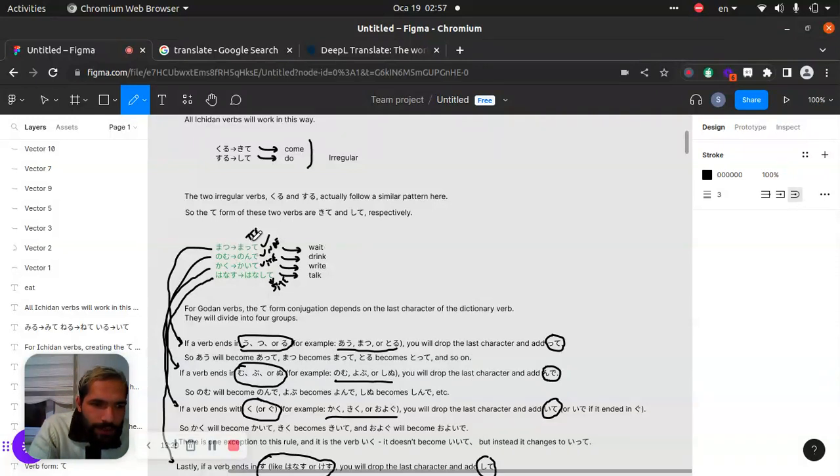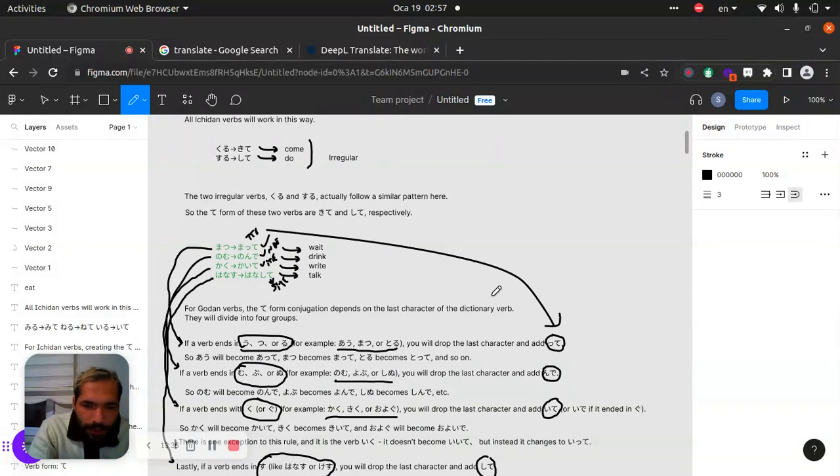The first rule is that you add this here, tte. It means like this sound, tte.